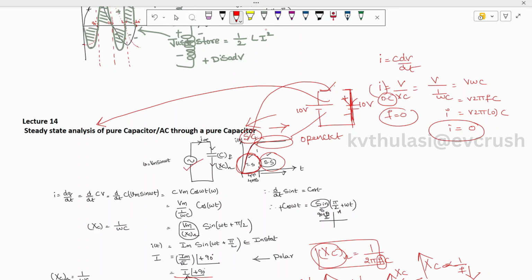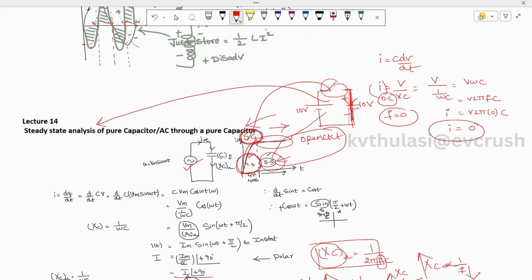Very simple. In the DC supply, under transient state it acts like a short circuit and gets charged. Whenever the source voltage is equal to the voltage across the capacitor, the voltage is the same, the current does not flow, therefore in steady state it acts like an open circuit and in transient state it acts like a short circuit. This is the behavior of a capacitor with the DC supply.